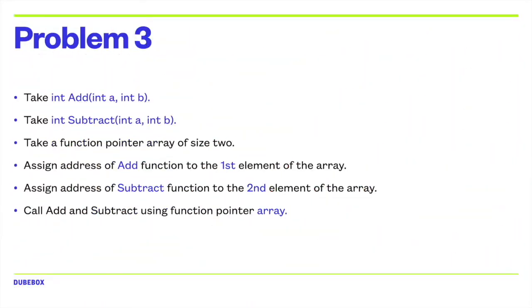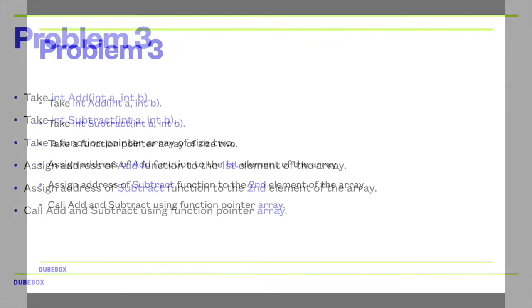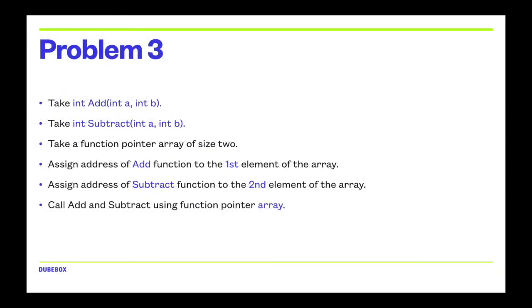Now we will see the last use case, function pointer array. Here we will take the same add and subtract functions. Take a function pointer array of size 2, assign the address of the add function to the first element, assign the address of the subtract function to the second element, and call the add and subtract functions using the function pointer array.